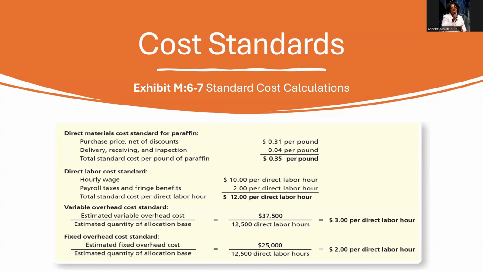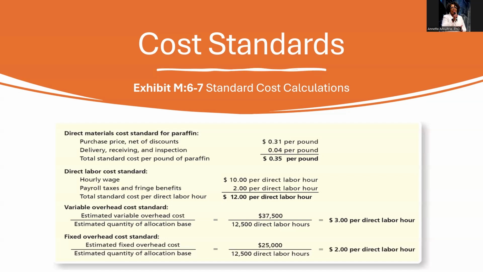So the total standard cost per pound of the wax is 35 cents per pound. Then you have the direct labor cost standard: the hourly wage at $10 per direct labor hour, and the payroll taxes and fringe benefits at $2 per direct labor hour. So the total standard cost per direct labor hour is $12.